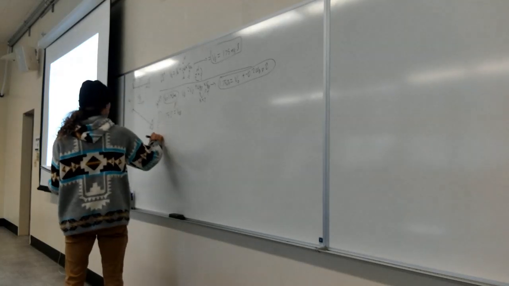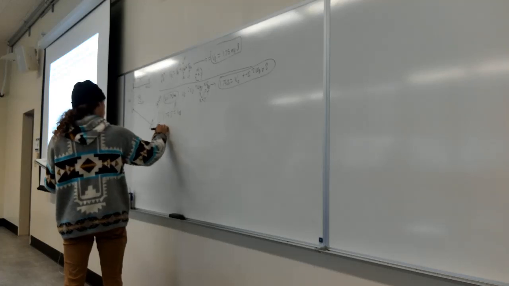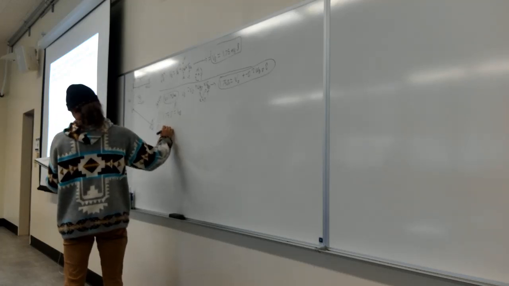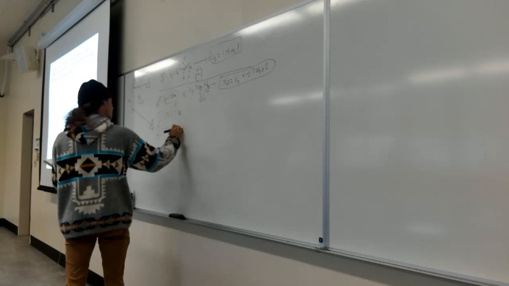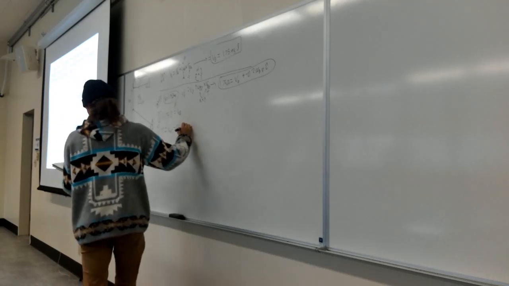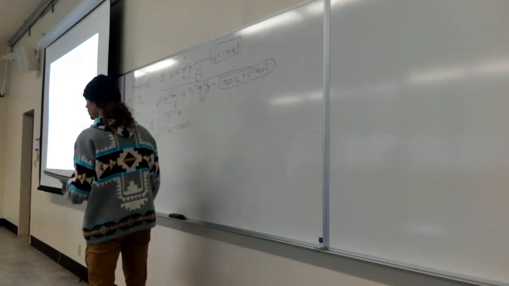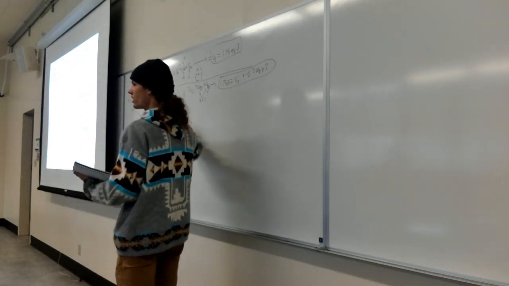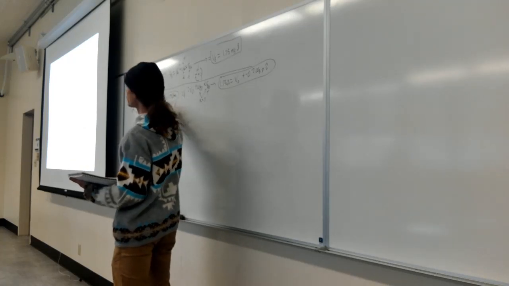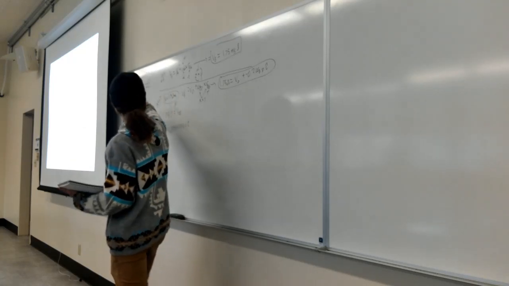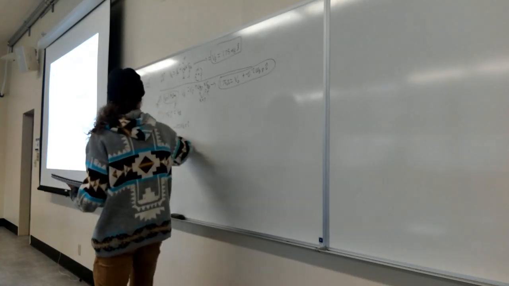And equation 2 is 0 is equal to VD i hat minus 0.2 omega BD i hat. Does this make sense how I got these two equations? This 0 is just because VB doesn't have an i hat direction, instead of just moving upwards. So we got those two equations.